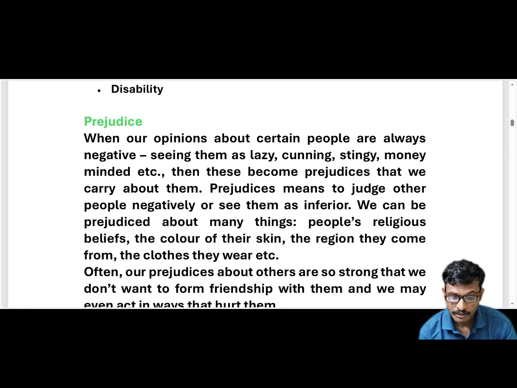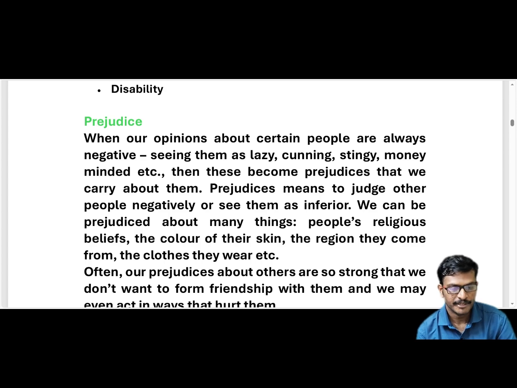Based on skin color, some people think he is very black, so they form a previous opinion that we should not talk with them, and they keep their distance. Wearing of a dress also leads to the conclusion that we should not talk to them. So based on what kind of dress he is wearing, these are all prejudice.